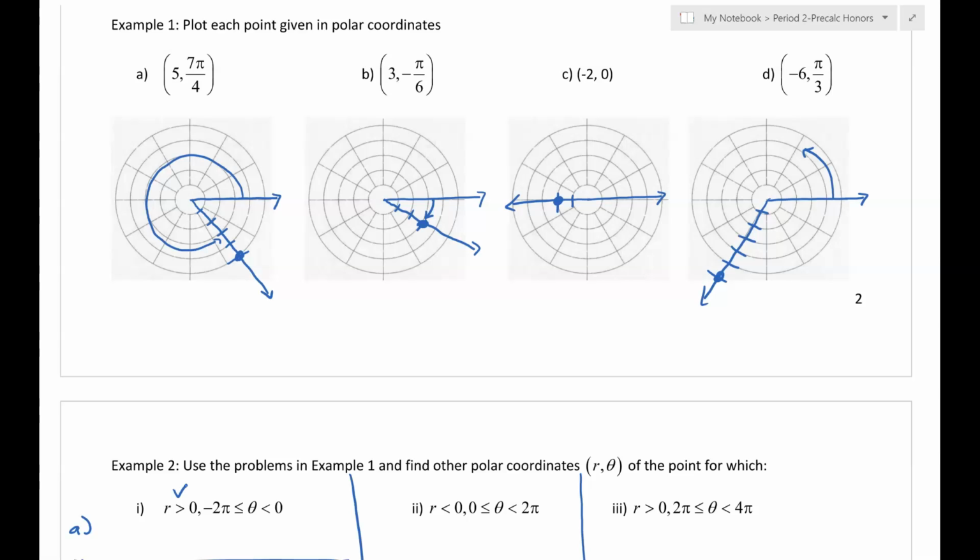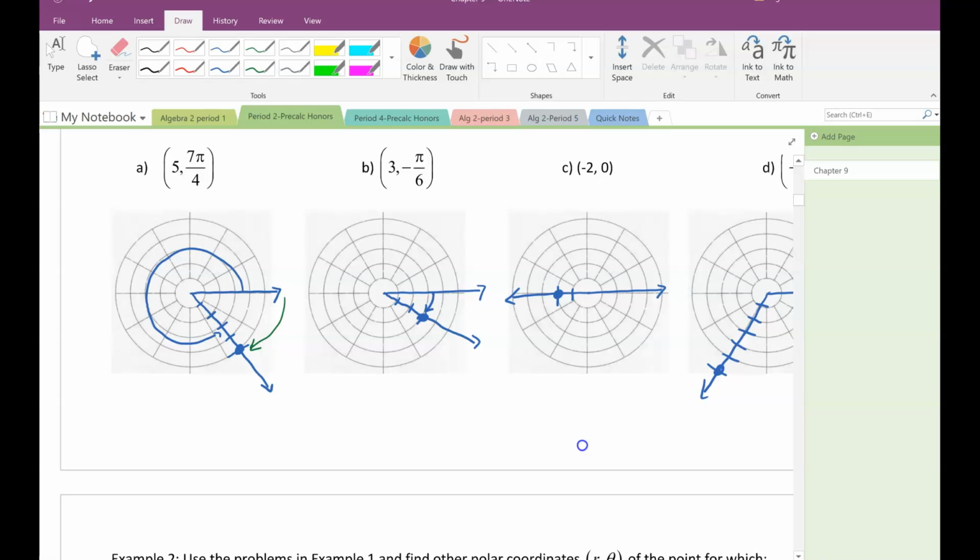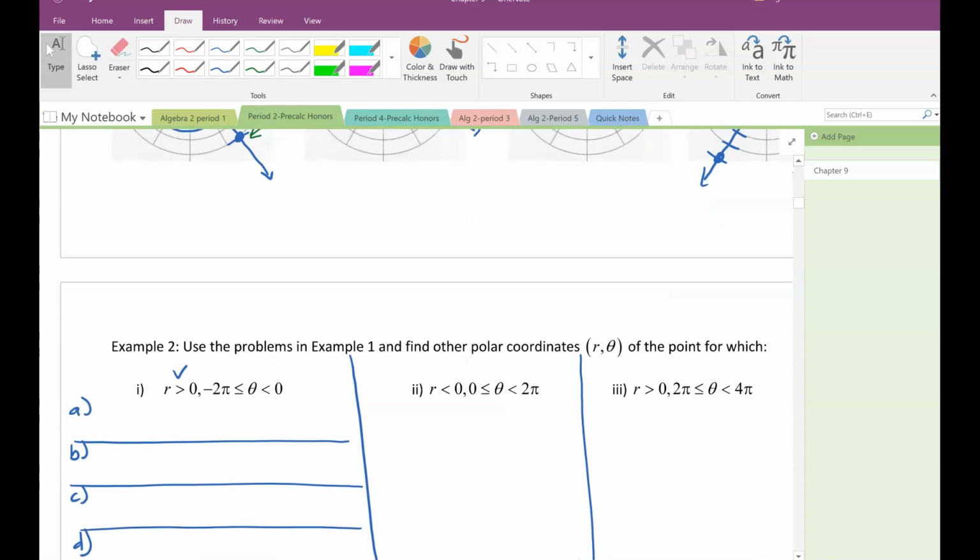But the restriction for example 1i is now it wants us to change it to a negative radius. So remember, we still have to end up at exactly the same spot. So for us to end up at the same dot here, we just have to go counterclockwise. So that will still give us the positive radius of 5, but now we're going to have a negative angle, so 5, negative pi over 4.